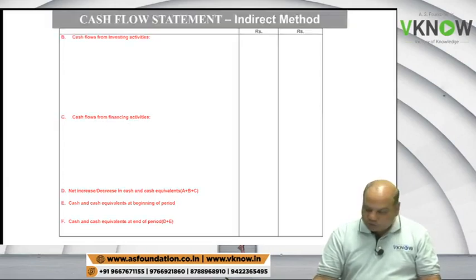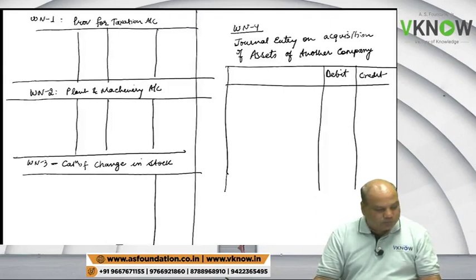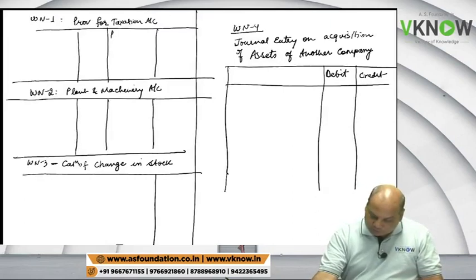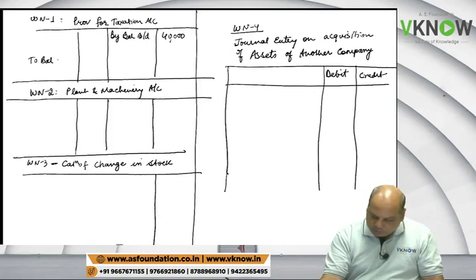So after bank overdraft, there is a working note number 1, provision for taxation. In provision for taxation, write by balance brought down, this opening balance 40,000, and to balance carried down. How much is that? To balance carried down is 50,000. I will come back to this.